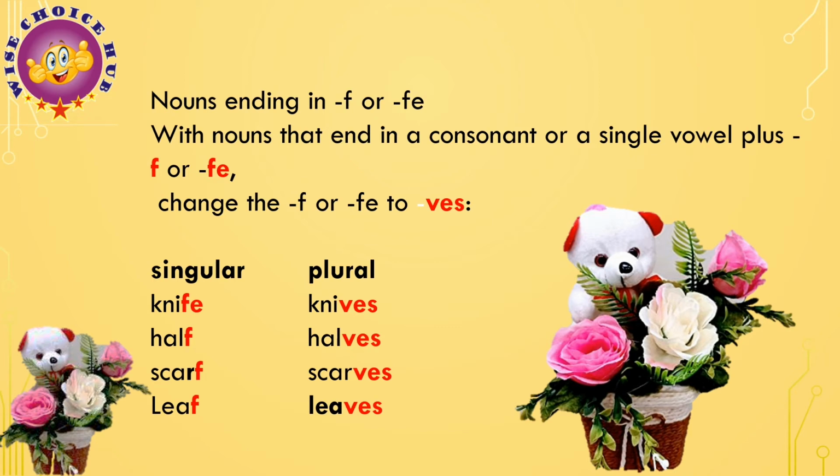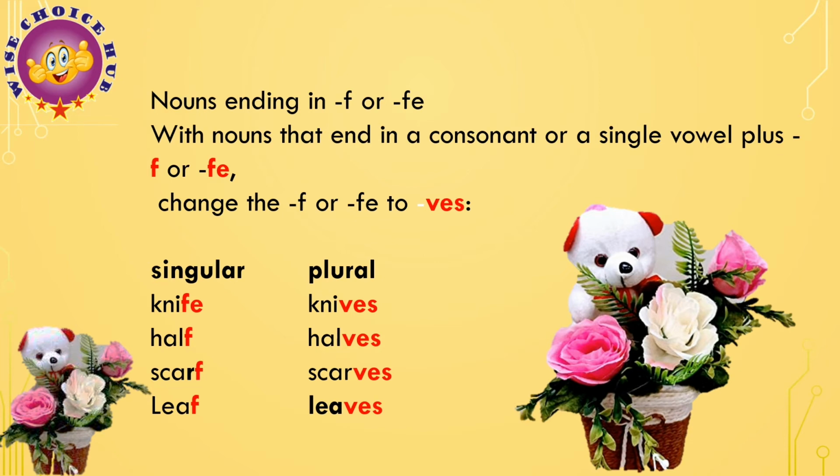For example, in the word knife, can you please tell me what is the vowel or consonant that is before the letters fe? It is I. So I am going to replace the fe with the letters ves and make the plural knives.